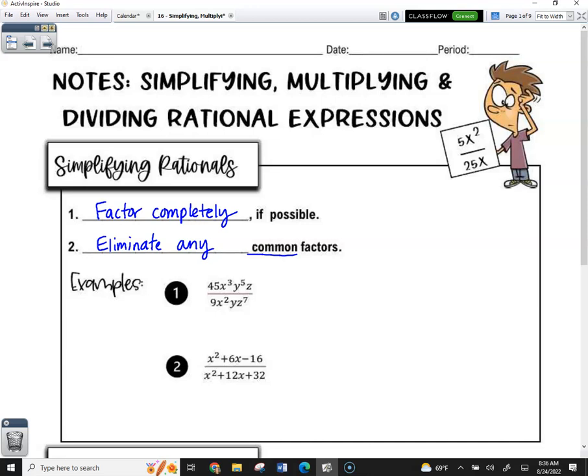When you eliminate common factors that have an X in them, then that's a hole in the graph. So I'm going to draw an arrow and write hole in the graph, but I'm putting it in parentheses if it has X. And then I'll explain what I mean by that.